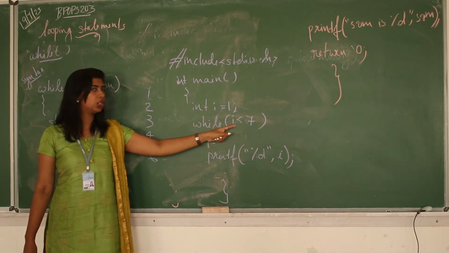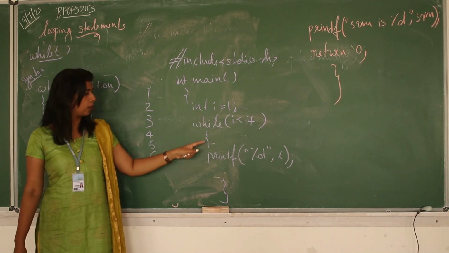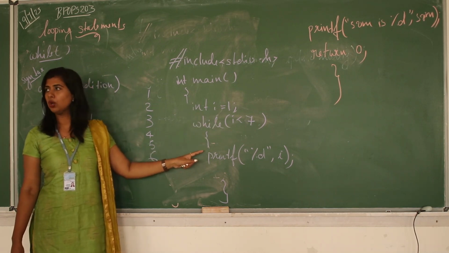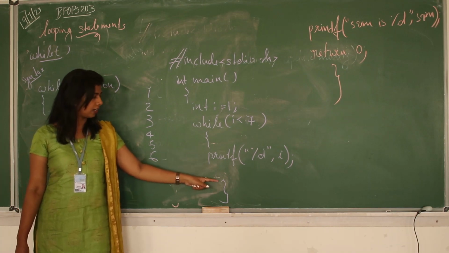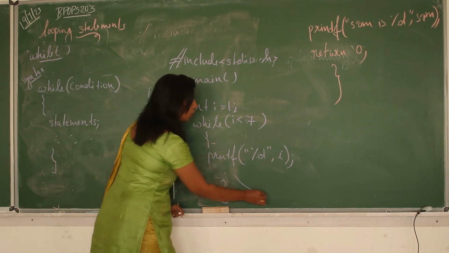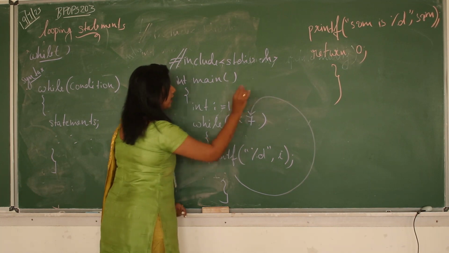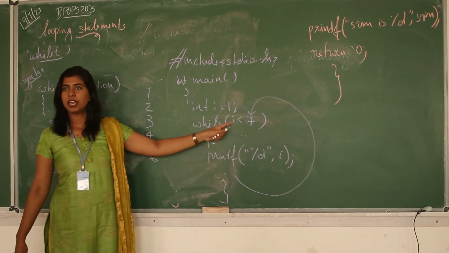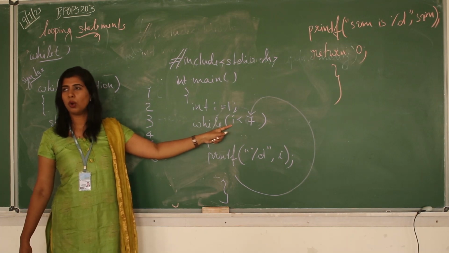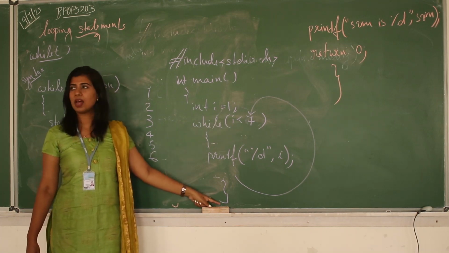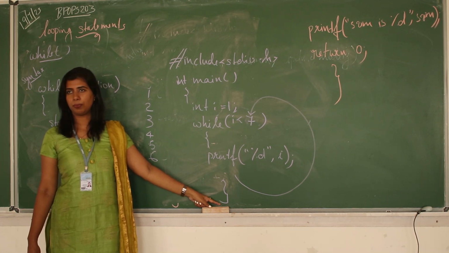While the condition is true, the control will go inside and execute those statements inside the while loop. Then after execution, again the control will come back here and check the condition. If the condition is false, then only the control will go to those statements after this while loop.